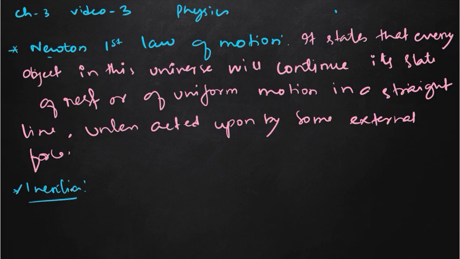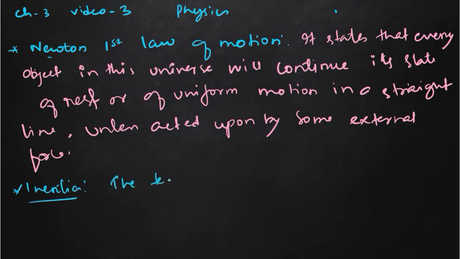Suppose we apply a force on a body which is at rest, it will try to remain at rest. Or if a body is in motion and we apply some unbalanced force, it will try to remain in motion. That means it resists any change. That is known as inertia.